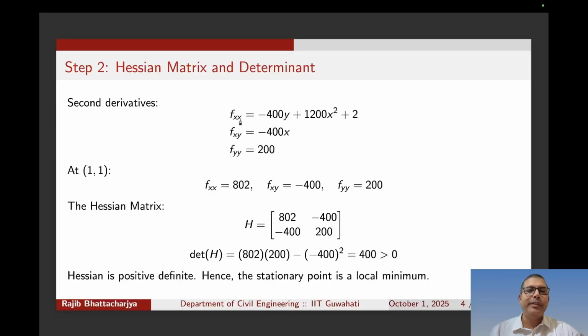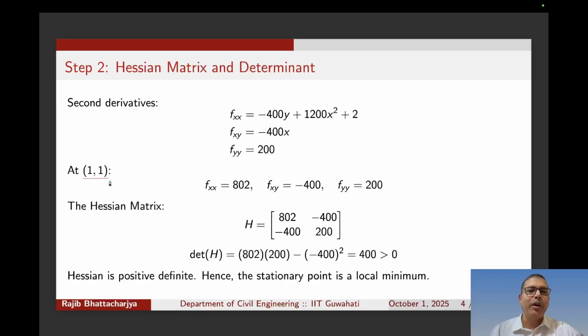This is fxx, that means del square f by del x square, which is equal to minus 400y plus 1200 x square plus 2. The mixed derivative fxy, del square f by del x del y, is equal to minus 400x, and del square f by del y square is 200.